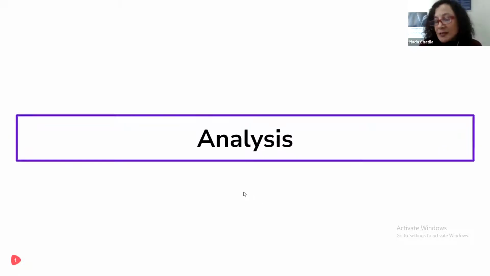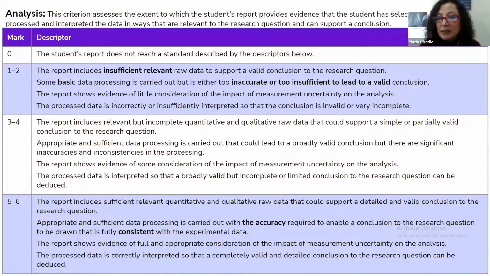Now, with regard to the analysis, at 40% or 30%, students acknowledge that this is an area that is a bit challenging for them. Again, we have 4 descriptors. The first one deals with the raw data and the sufficiency of the raw data, both quantitative and qualitative when applicable, that could support a detailed and valid conclusion.